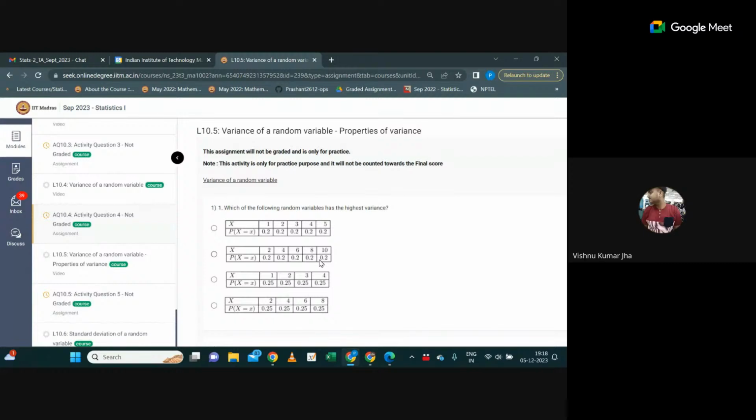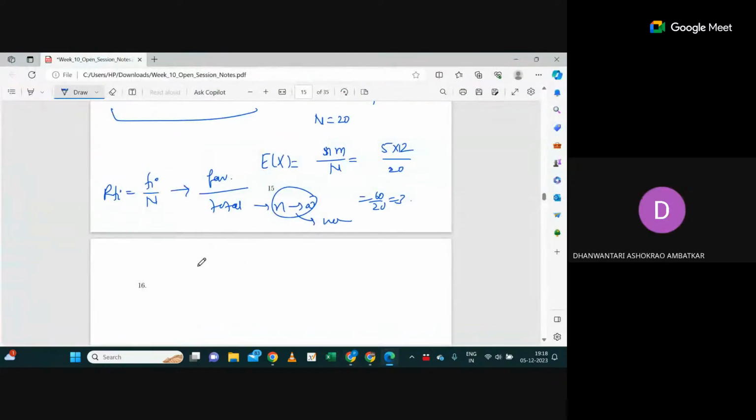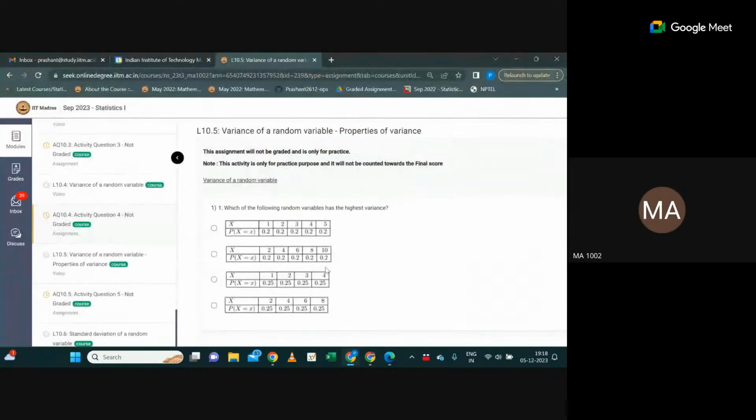We can also find x square. Basically, variance tells us nothing but the expectation of deviation from the mean, right? So you can simply check which of the options has more deviation from its mean.